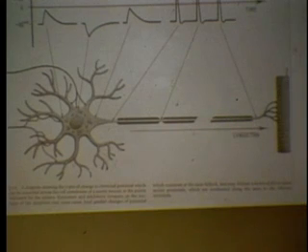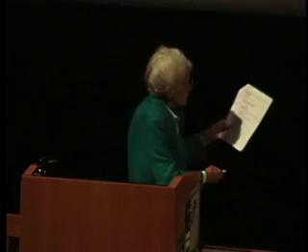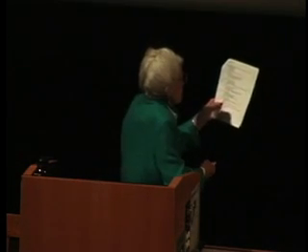Schwann cells. And what is a Schwann cell? It's a glial cell. Good for you. And it's actually a glial cell from neural crest cells. I didn't have time to talk about those, but you should know the difference between neural crest cells and neural tube cells. And a Schwann cell is from the neural crest.